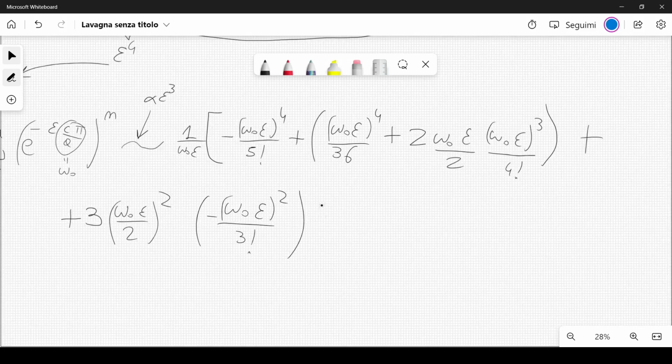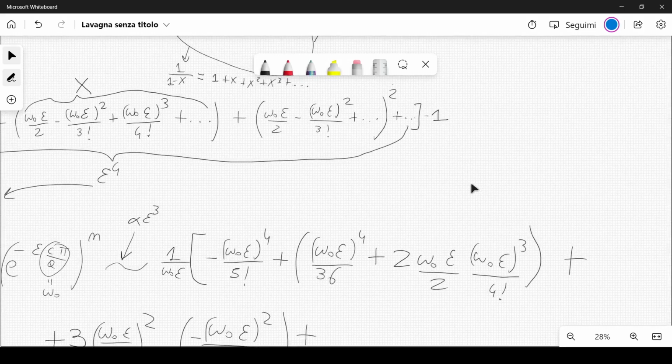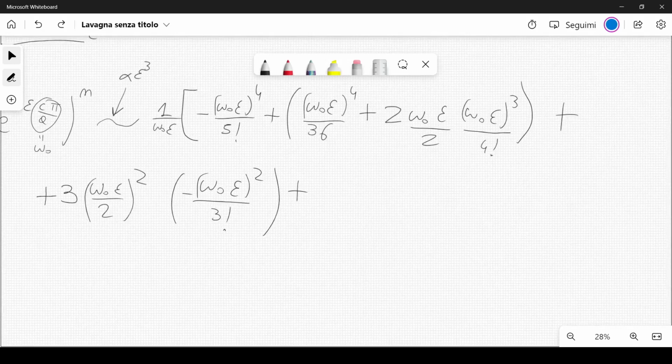And finally, you only have one contribution from x to the fourth. This is very easy to see, because it will be just this term to the fourth power. And then here you have omega 0 epsilon to the fourth power divided by 16, and that's it.